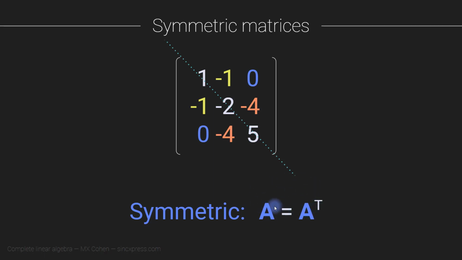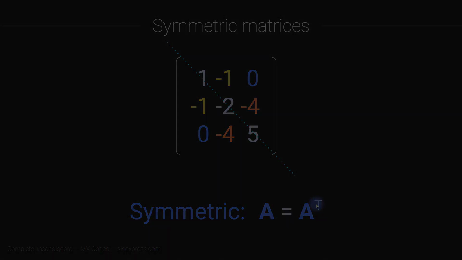Most matrices are not like this, so only special symmetric matrices follow this pattern, have this definition. So we see that the first row is the same thing as the first column, and the second row is the same thing as the second column, and so on. You can do this all ways you want. So here's the third column, that's the same thing as the third row. So the definition of a symmetric matrix is a matrix equaling its transpose.